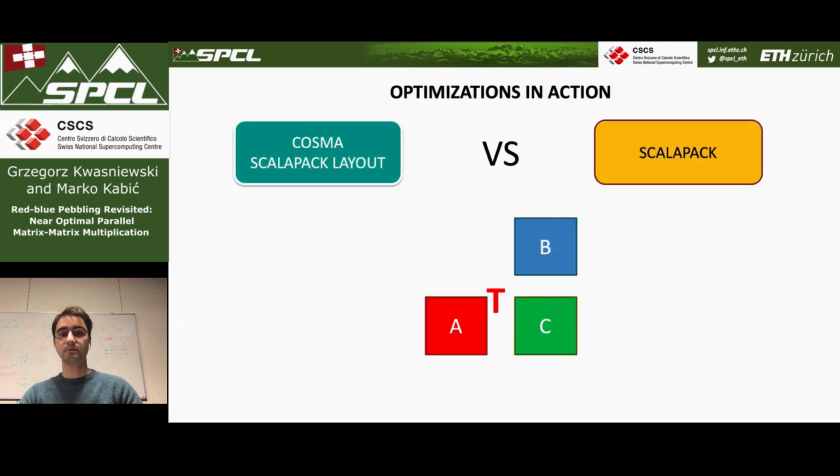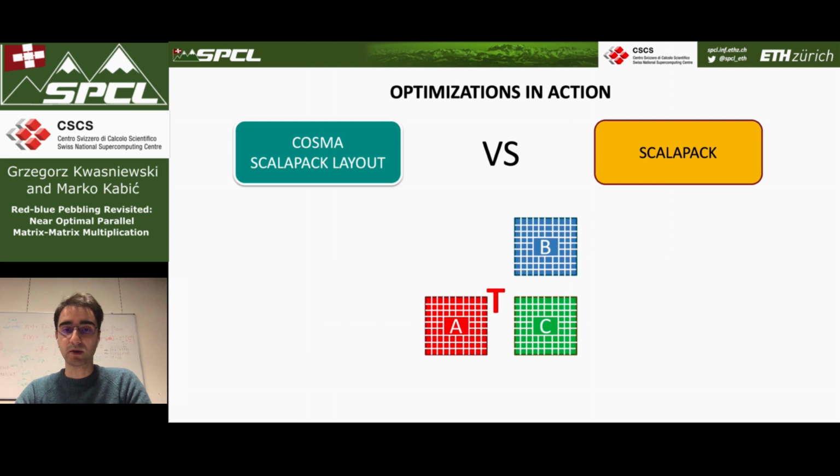And at the end, we want to see COSMA in action. We want to compare COSMA, but now using the ScaLAPACK layout, versus ScaLAPACK itself. So we took the case where ScaLAPACK really shines, which is the square matrices case, where all the block sizes are square as well, and where the processor grid is also square.